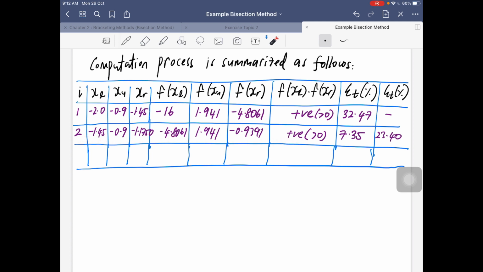Now for the third iteration, I just use this table. Remember the previous process, XL was replaced by the value of XR. So now we have our new XL, negative 1.1750. XU remains the same, negative 0.9.